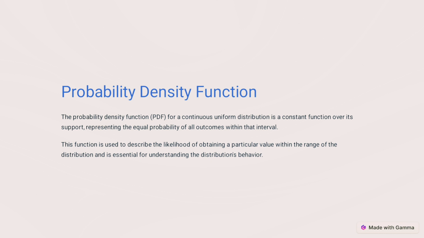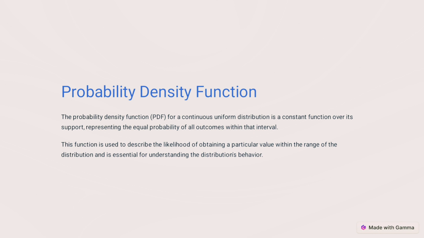On the second page there is the PDF, meaning probability density function. The probability density function for a continuous uniform distribution is a constant function over its support, representing an equal probability of all outcomes within that interval.